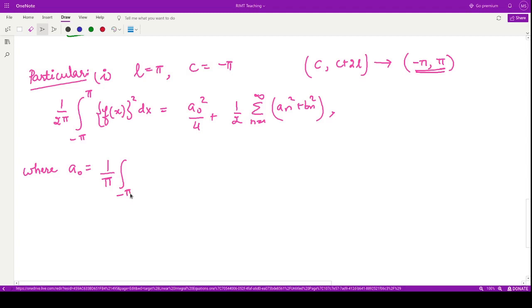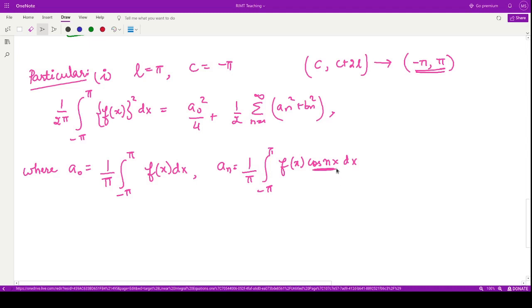Integration is now performed from minus pi to pi and not from c to c plus 2L, right? So that is okay. f of x dx. Similarly, you have an as equal to 1 by pi integration minus pi to pi f of x cos nx dx, and now you have a difference over here also.